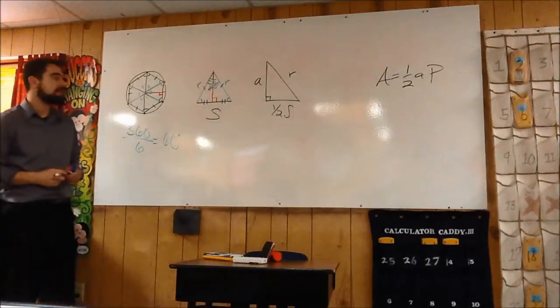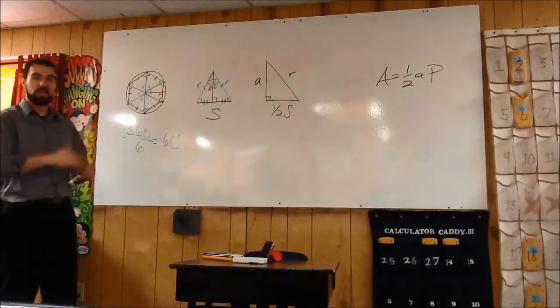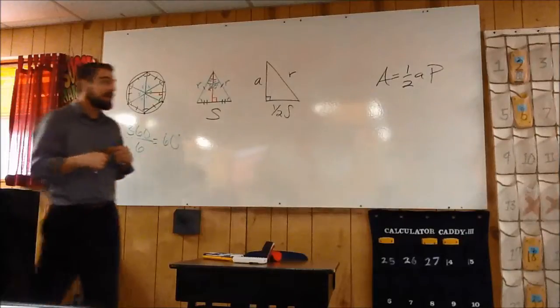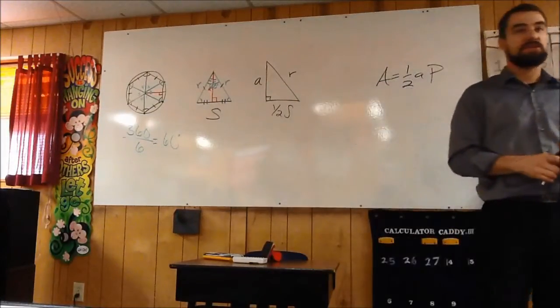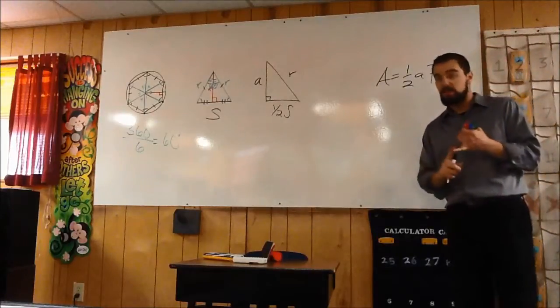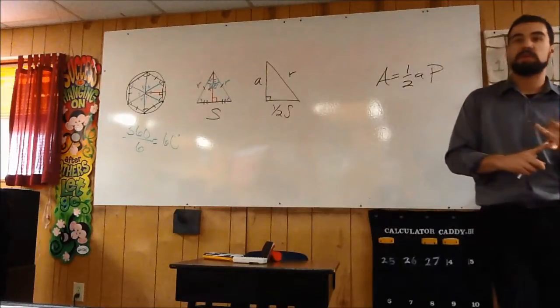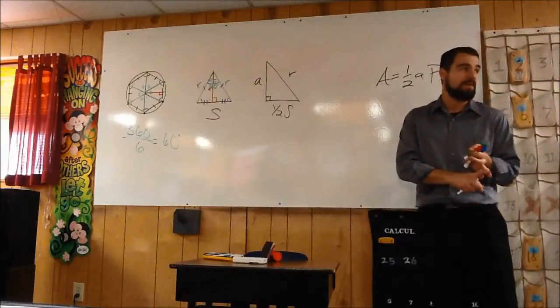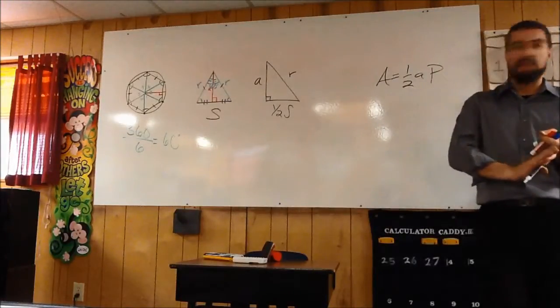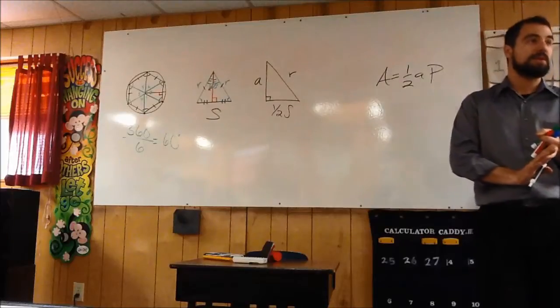It's half of the side length. We're going to turn our attention to this right triangle because we know how to solve right triangles. We have a bunch of tricks up our sleeves. We've got the Pythagorean theorem that always works for right triangles. We've got our special rights, our 30-60-90s and our 45-45-90s.